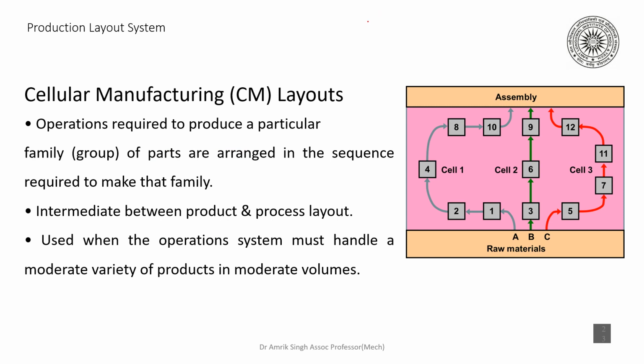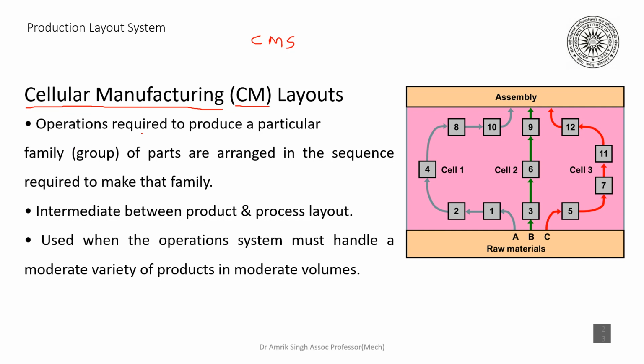Now, one more type of layout is followed, which is a variation of the job type or the product type: the cellular manufacturing layout. We also call it CMS, cellular manufacturing systems, or cellular manufacturing. When we are talking of layout, we'll say cellular manufacturing layout.